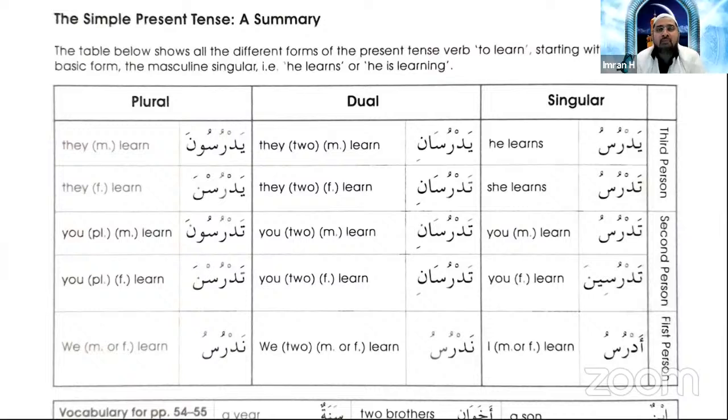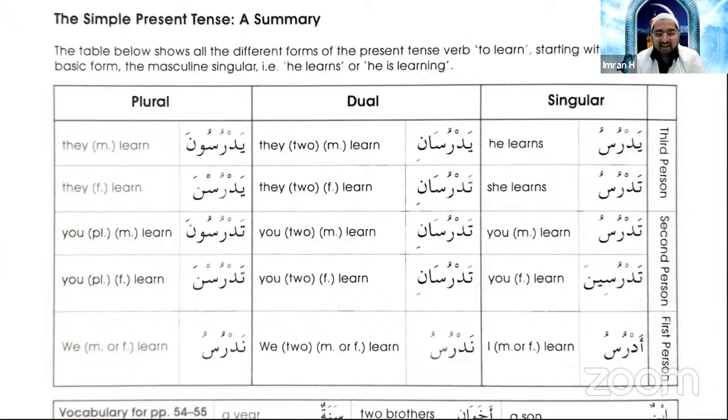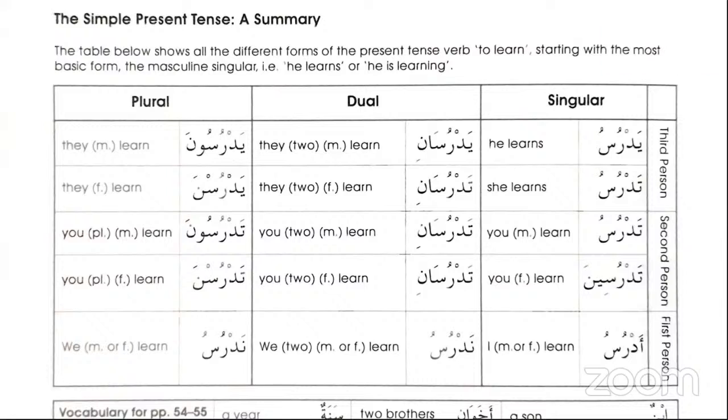Excellent. They all females learn. Yadrusna. Excellent. They both females learn. Tadrusani. Finally, they both males learn. Yadrusani. He learns. Yadrusu. Excellent.